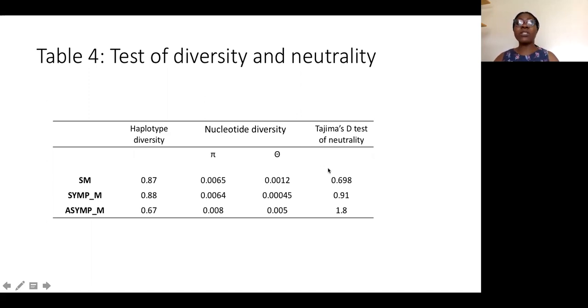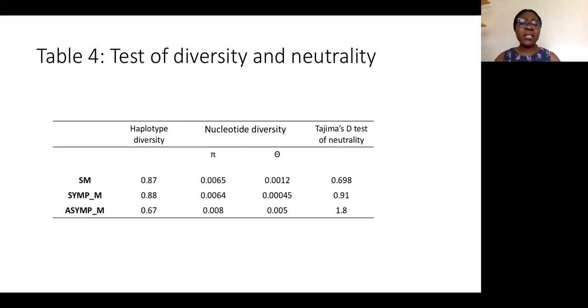However, when we tried to evaluate the difference between this nucleotide diversity and this other statistic, we used the Tajima's test of neutrality to ascertain that.